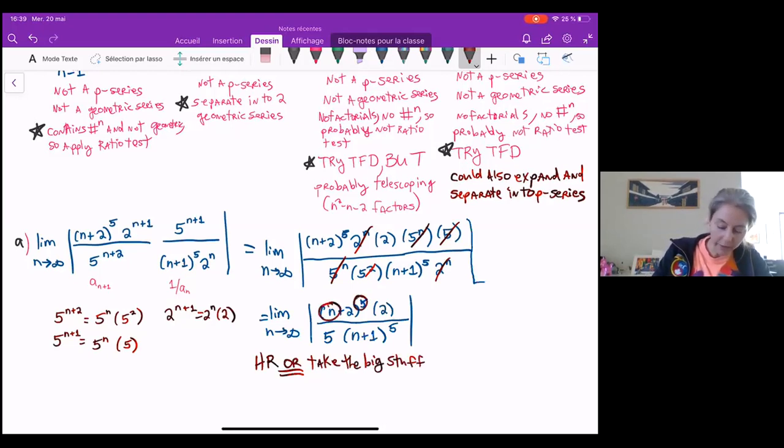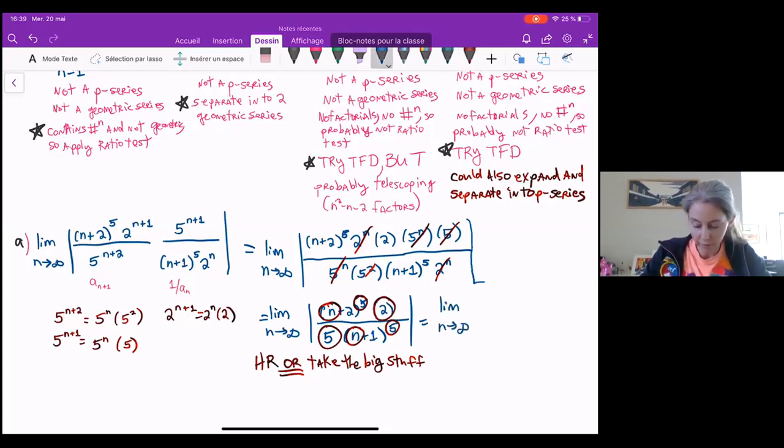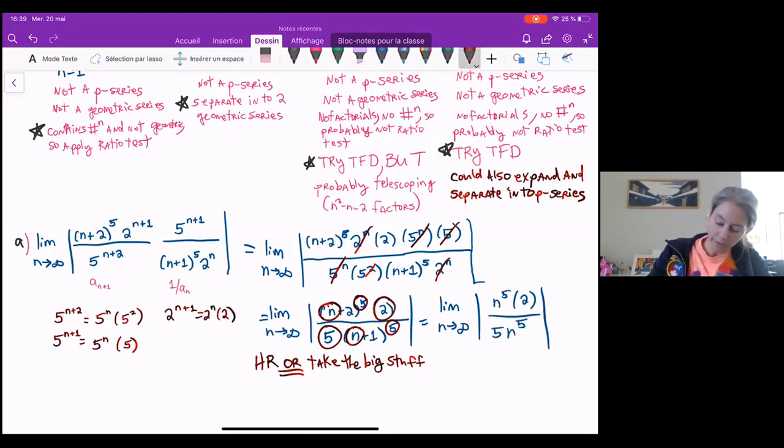So n to the 5th times 2 over 5 times n to the 5th, which gives me the limit as n approaches infinity, n to the 5th times 2 over 5n to the 5th, and those n to the 5ths cancel out. And what does this limit equal? You got it.